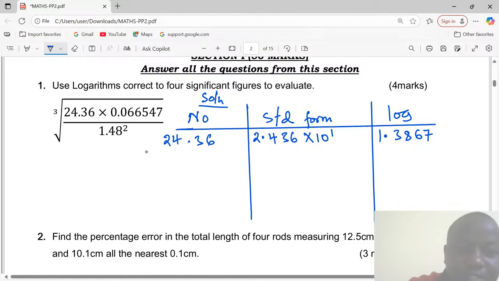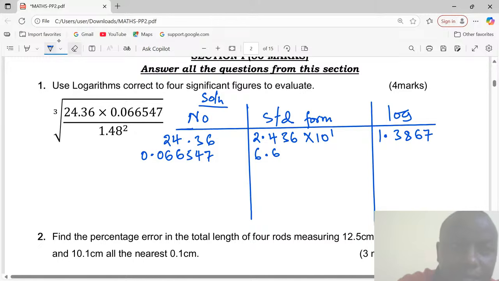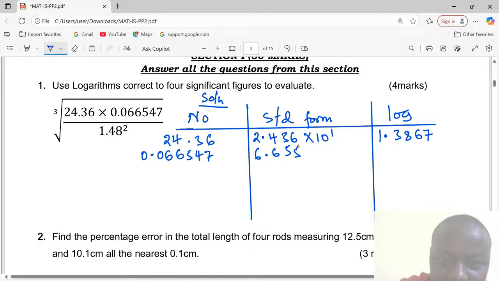Then after that, you proceed to the second number, 0.066547. The standard form of this becomes 6.6547 times 10 to the power of -2. If you are using the math table, you can make it 4 significant figures, 6.655 times 10 to the power of -2.